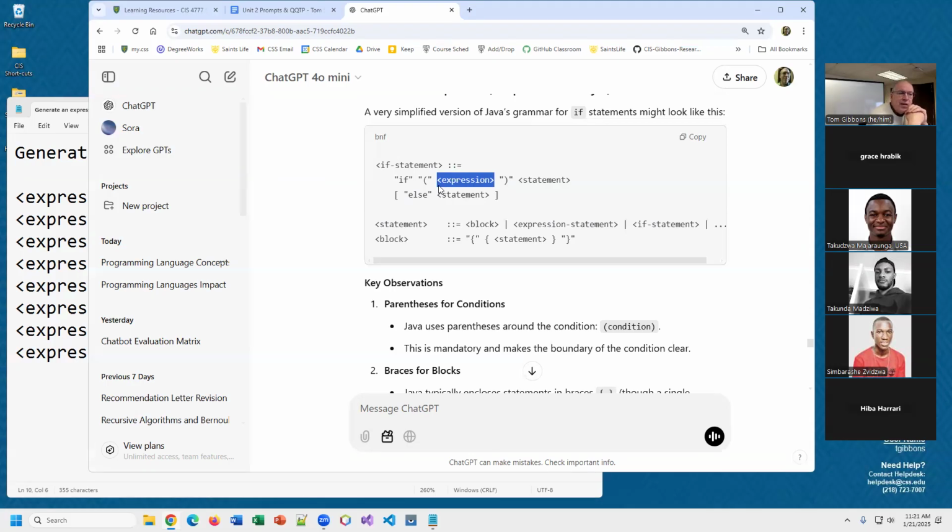Because to me, that's an error, because you can't say if X plus 10, it has to be a Boolean. It has to have a greater than or equal to some comparison in it. You can't just say if overtime plus 5. I was surprised. If I were to write this, I would put a Boolean expression here and have limits on that.